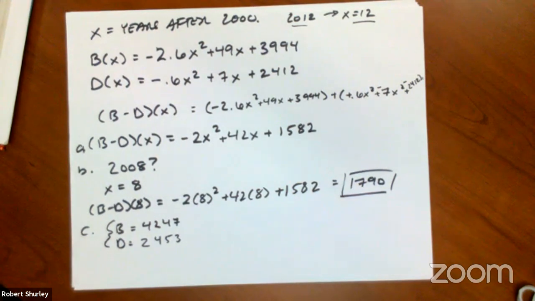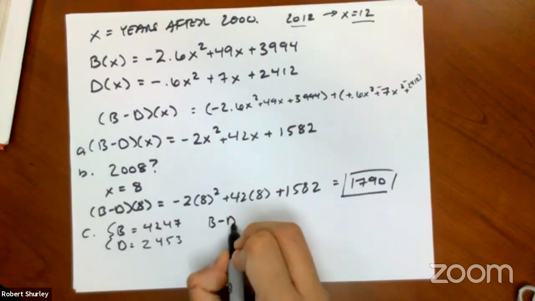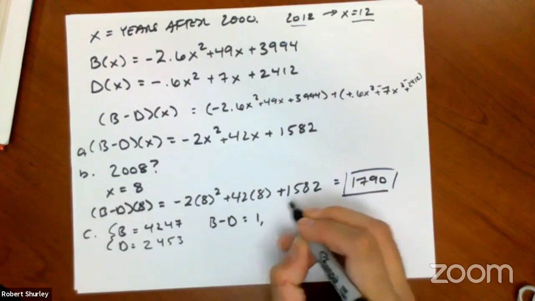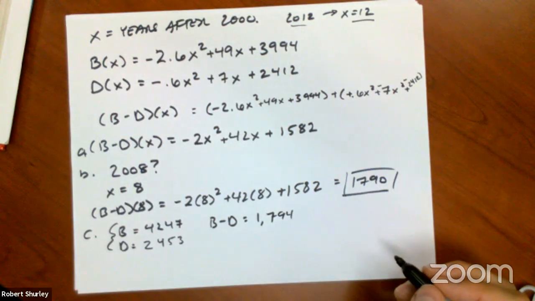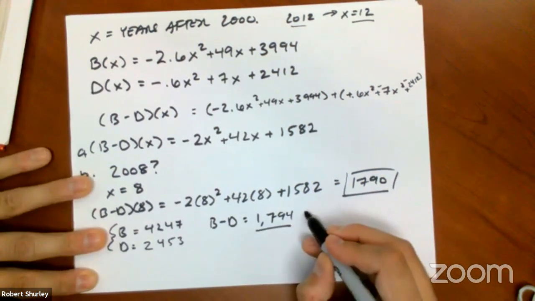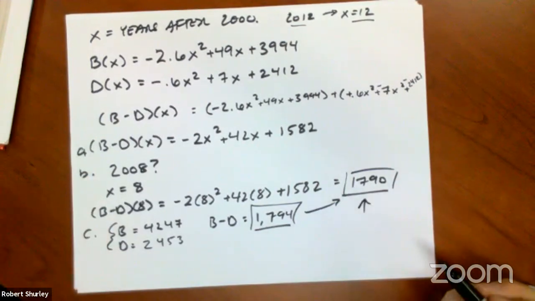So if we subtract, 4,247 minus 2,453, so B minus D here gives us 1,794. Man, that's pretty close. Look at that. This is what actually happened. This is what the equation modeled.